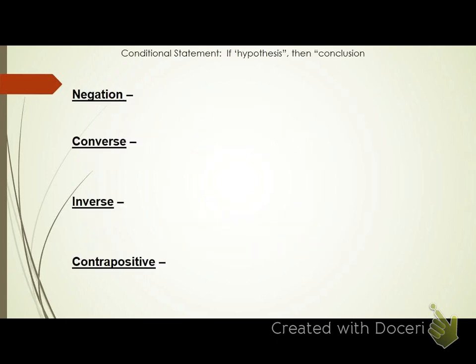Okay? All right. Now, from a conditional if-then statement, we can create other if-then statements by moving those pieces around. And when we create our new if-then statements, some of those will be true and some of those will be false. And so we'll continue to talk about that, but as you move pieces around, you can change the meaning of the sentence. So we first talk about the negation.